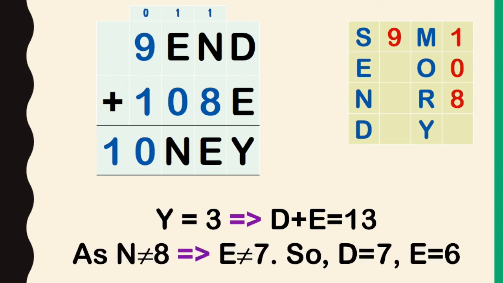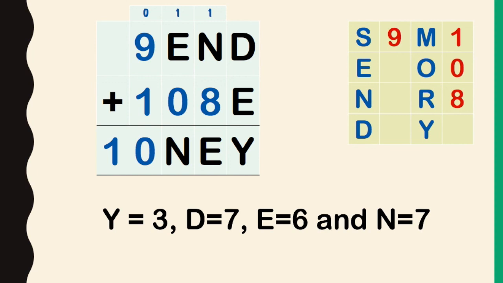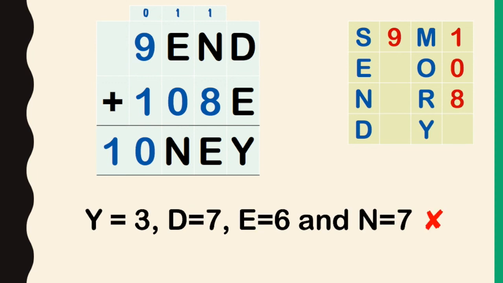So this means D will be 7 and E will be 6. Now if E is 6, that means N is equal to E plus 1, which means N is 7. Now we know that D is 7, so N cannot be 7. So there is no solution possible in this case. So we have ruled out this case.